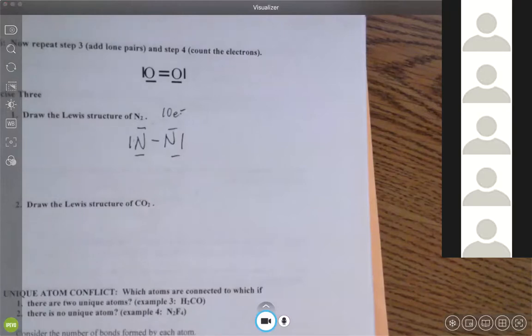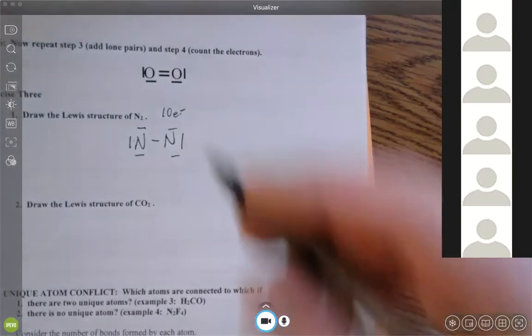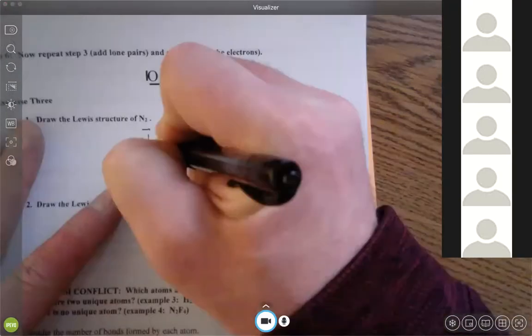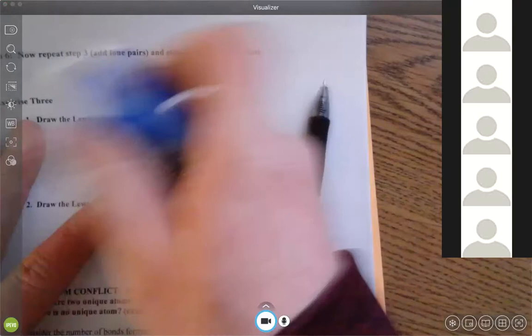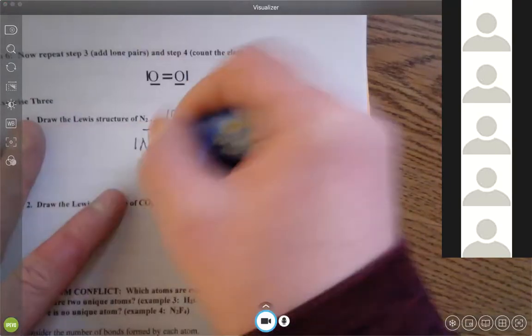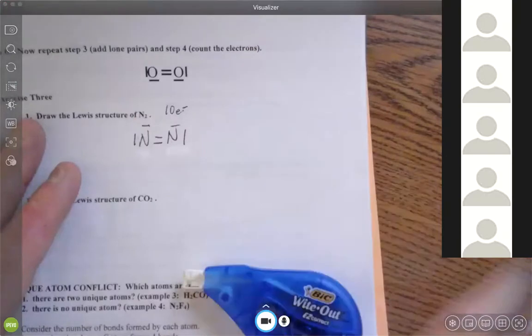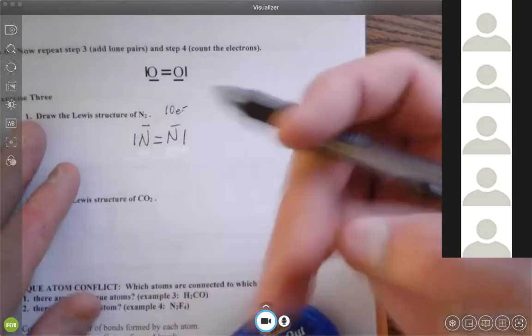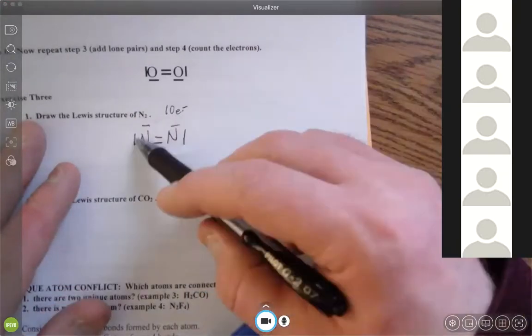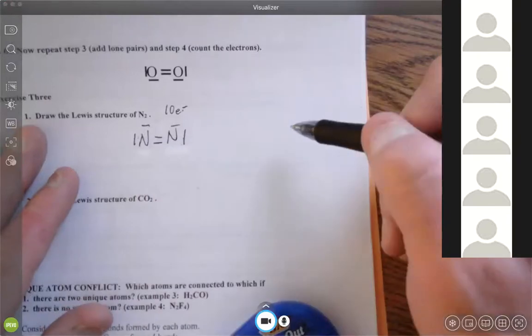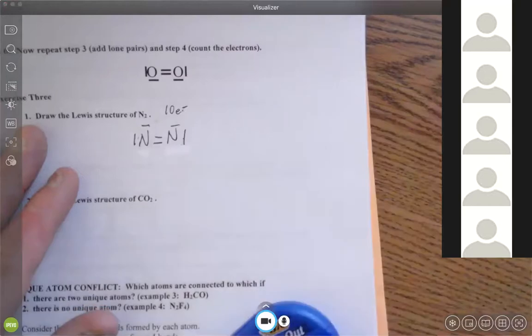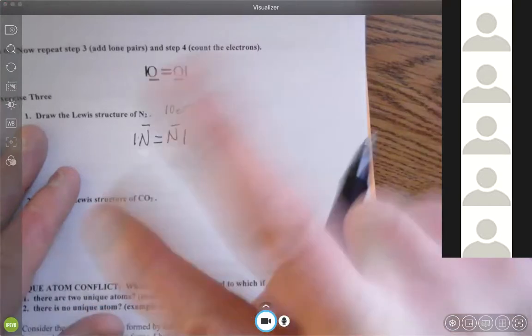Anytime we put a double bond in here, we get rid of 1 pair from each of those. Notice what that does. 2, 4, 6, 8, 10, 12 now. We're still 2 electrons over. So what we're going to do is put another bond in.